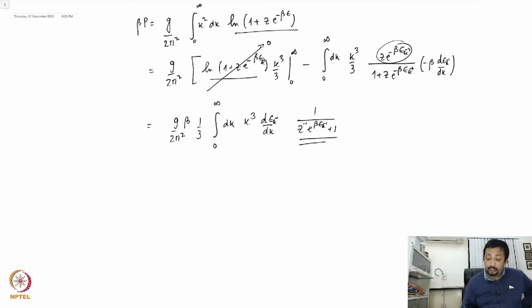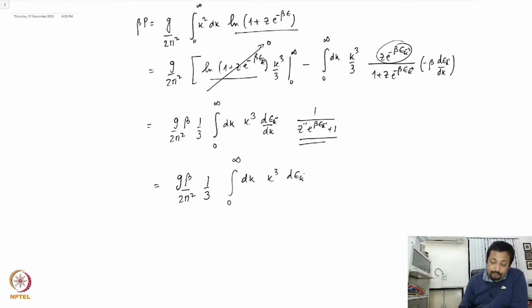And if you carefully look at this, then this is nothing but the average expectation value. It's nothing but the average occupation number, so that you have g beta over 2 pi squared, 1/3, 0 to infinity dk k cubed d epsilon_k by dk, average of n_k.